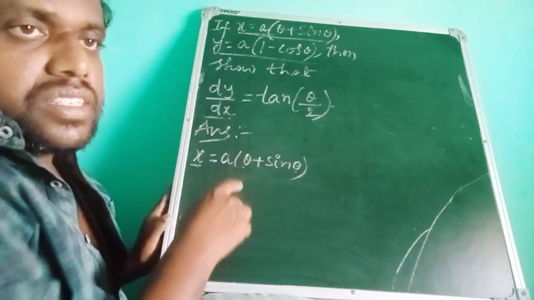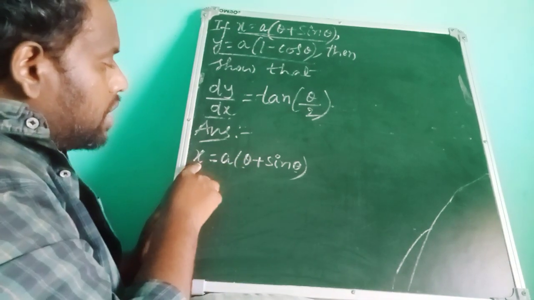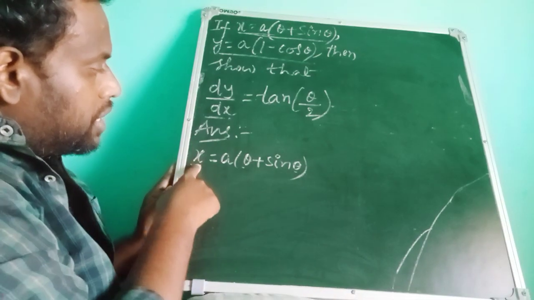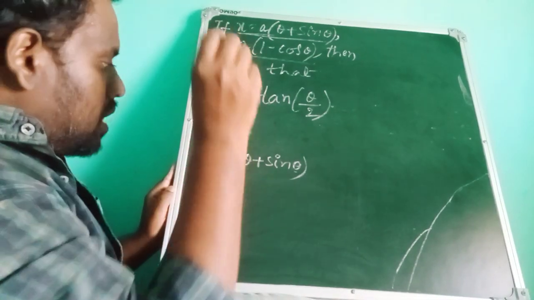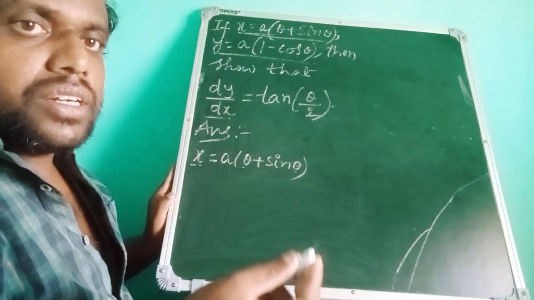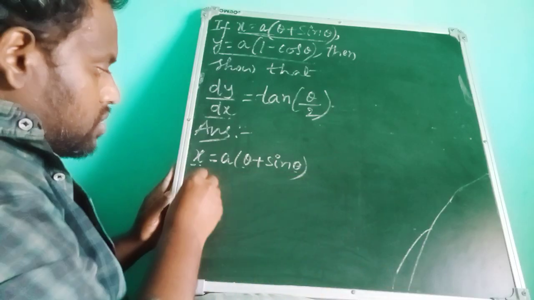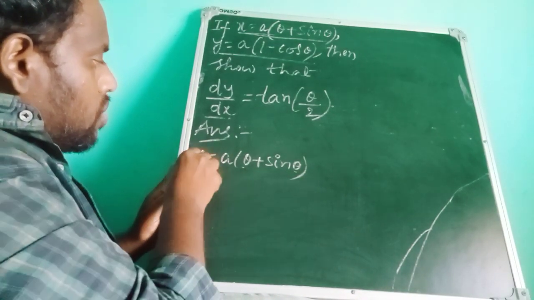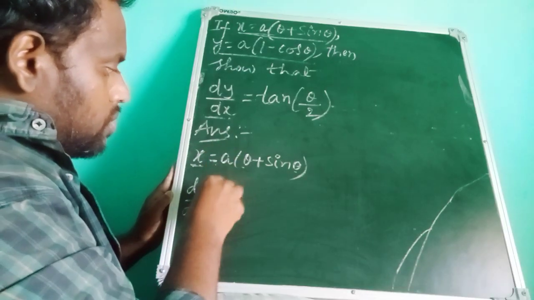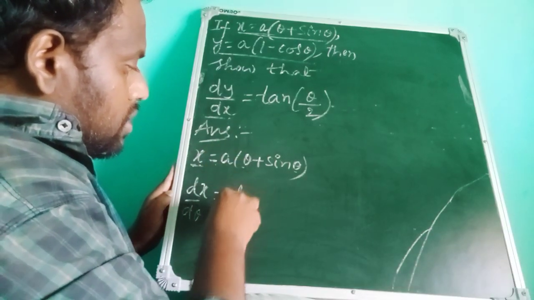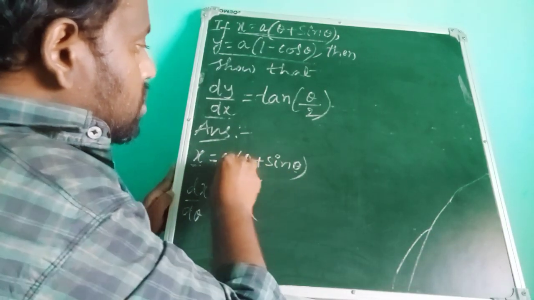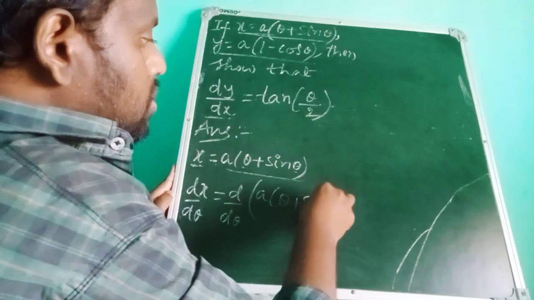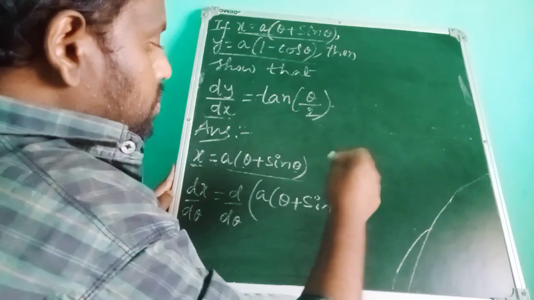So theta is the independent variable, x is the dependent variable. So we will differentiate the dependent variable x with respect to theta. So take d by d theta on both sides. So d by d theta of x is equal to d by d theta of this entire thing, a into theta plus sine theta.